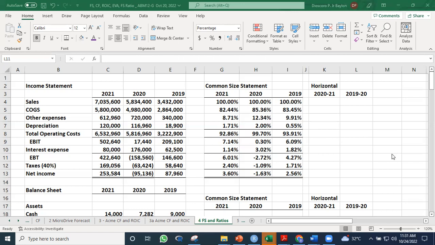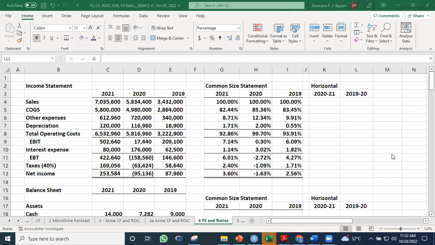Okay, tingnan natin 2020. So, noong 2020, sa bawat 100 peso na benta natin, 85 pesos and 36 centavos dun yung cost ng binenta natin. So, mas mataas yung 2020, ano? So, kung i-compare natin sa 2021, mas maganda yung performance natin ng 2021. Kasi mas mababa yung cost of goods sold natin, no?